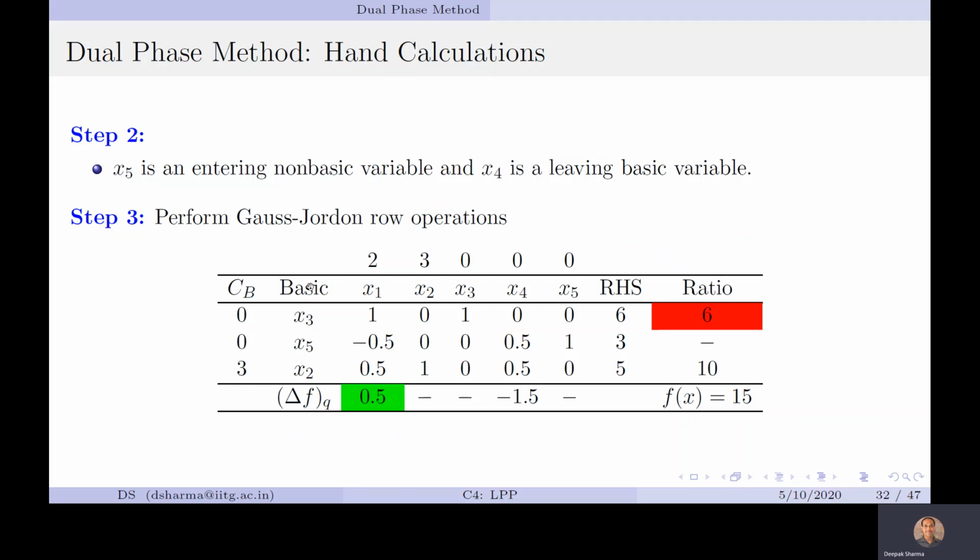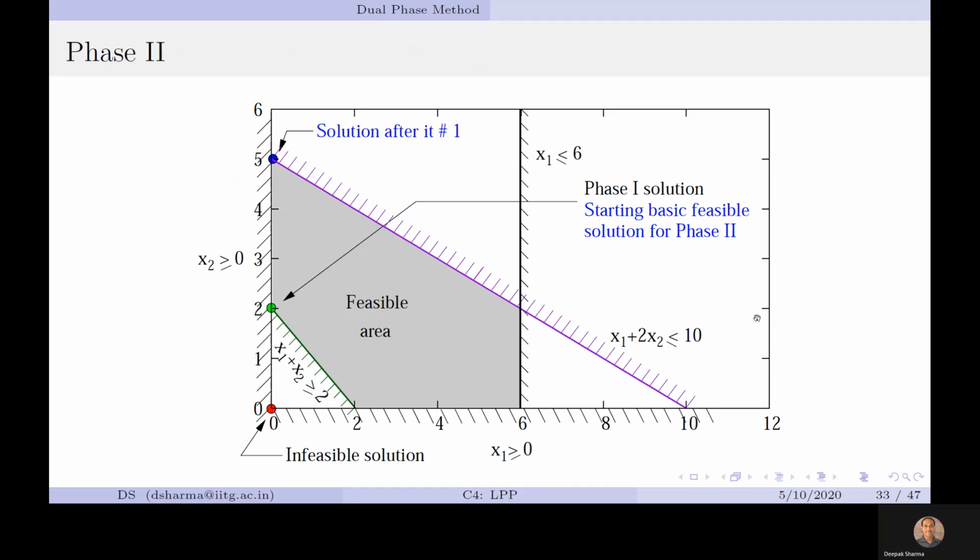So you can see the column of basic X3, X5, X2. And now look at the CB column. Since X5 is a slack variable, the cost coefficient is 0. All the coefficients in this table we have calculated using Gauss-Jordan operation. Again, the optimality condition in the last row says that X1 should enter, and the feasibility condition, by finding the minimum non-negative ratio, says that X3 should leave.